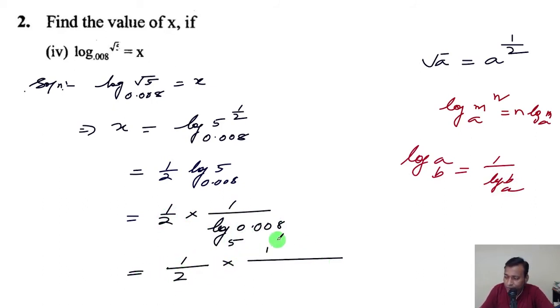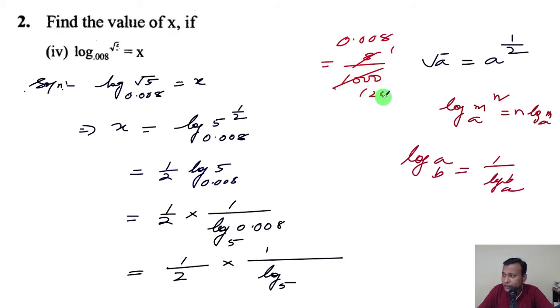Now, so if it is in decimal form, we will express it in fraction. To express 0.008 in fraction, what we will do? We will write 8 by 1000, and 8 by 1000 is 1 by 125.